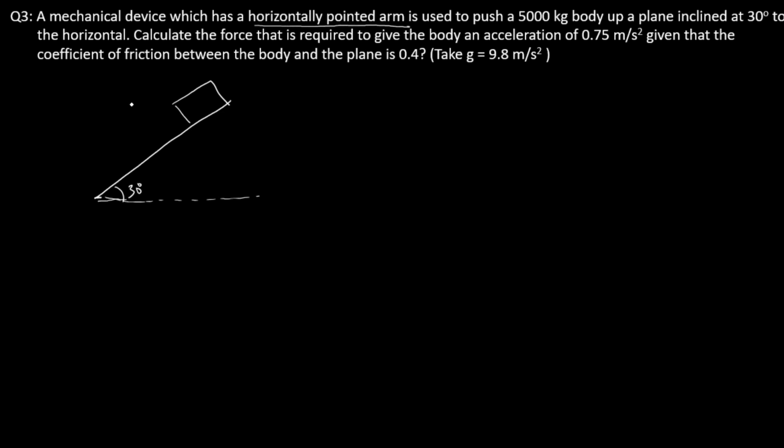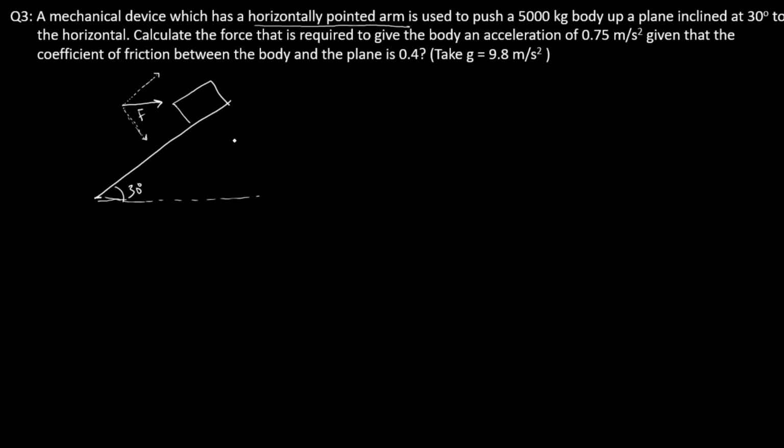It means the force it applies would act in the horizontal direction. So this is the applied force. Now this force has two components. It has a component which is parallel to the plane and a component which is perpendicular to the plane. Now these things will come in handy as we solve this question.